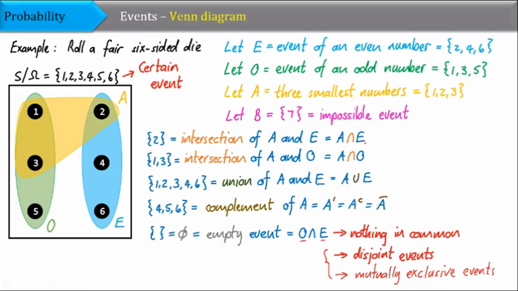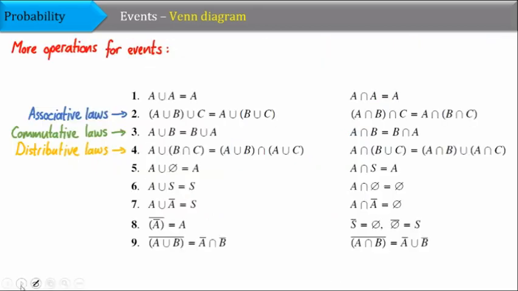Now these are the three basic operations. We have the intersection, we have the union, and then we have the complement. And with these three, we can do everything that we need to do. Right now, just like with arithmetic, where you have addition, subtraction, multiplication, and division, and you have rules that guide those operations, the same with event operations.